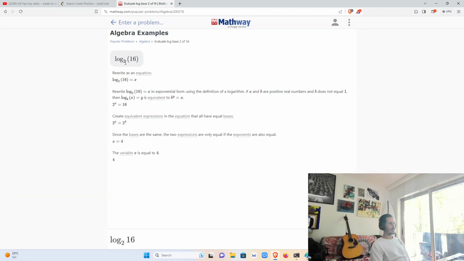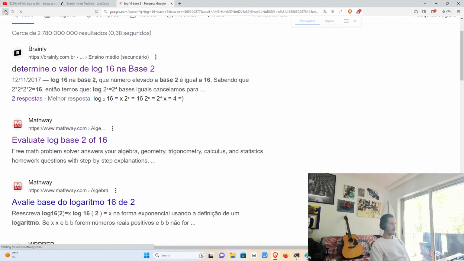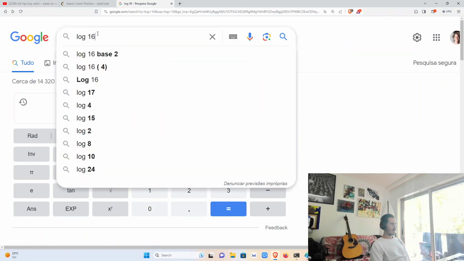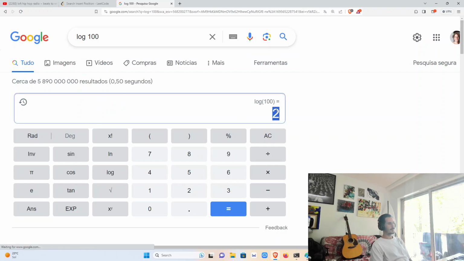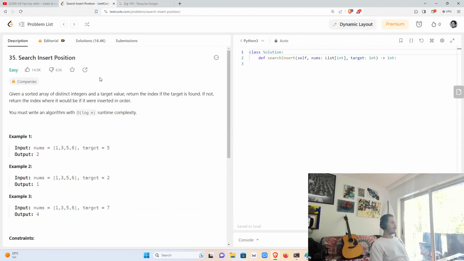When we don't have a 2 underneath, I think it's base 10. Let's try this with 100. How many times can you divide 100 by 10? It's 2 times.